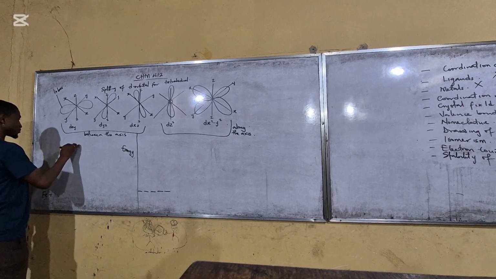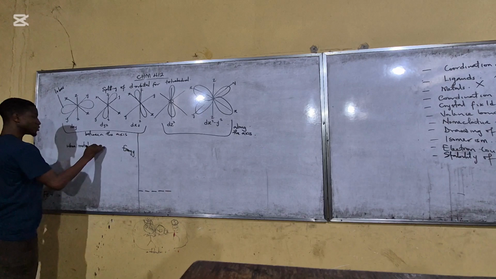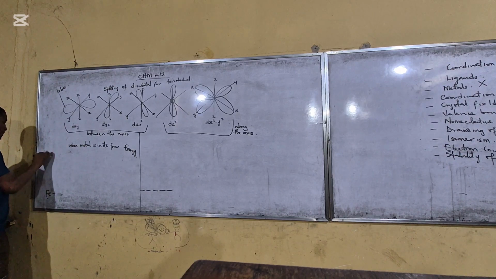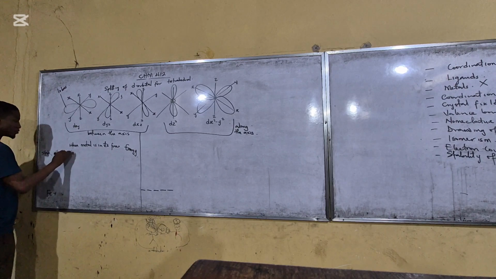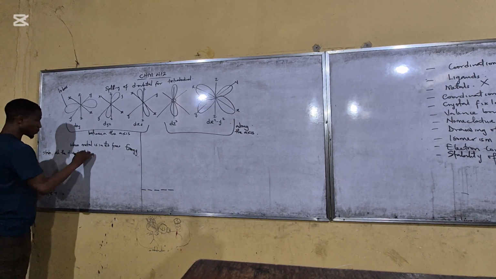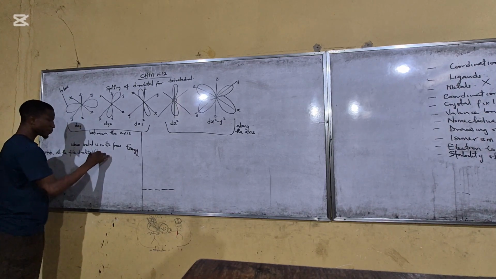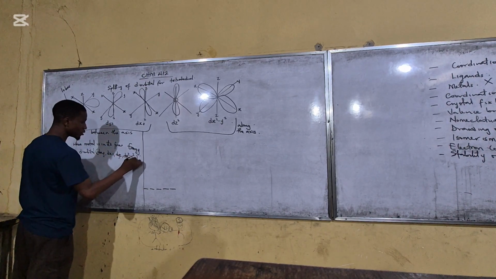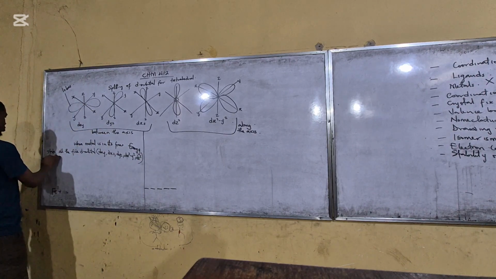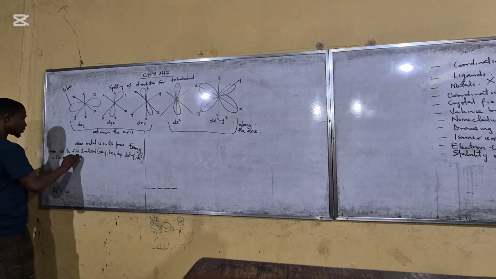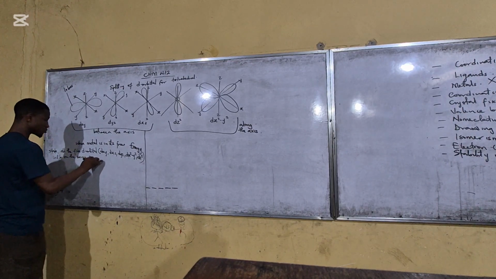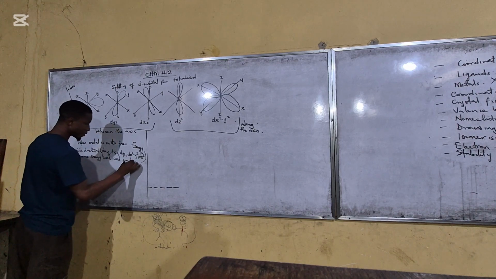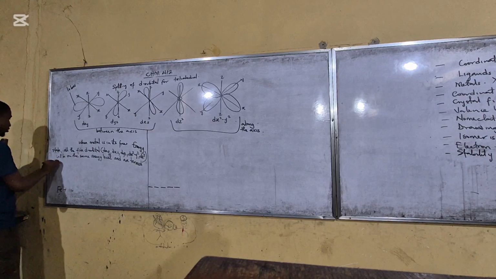When the metal is in its free state, all the 5 d orbitals, that is the xy, the xz, the yz, the x squared minus y squared, the z squared, will be on the same energy level and are termed degenerate.